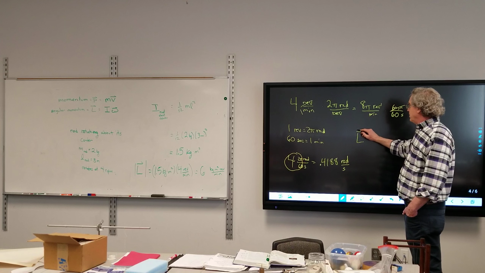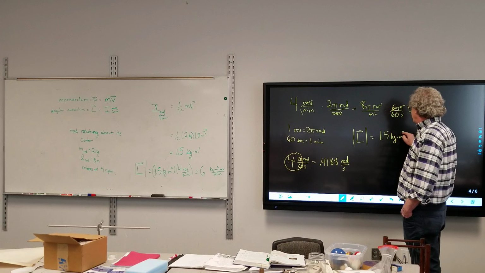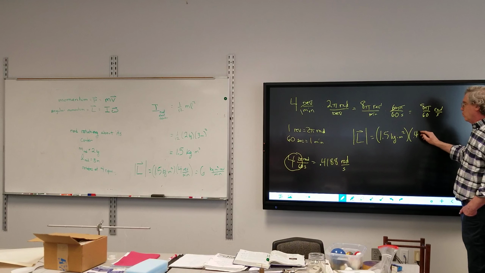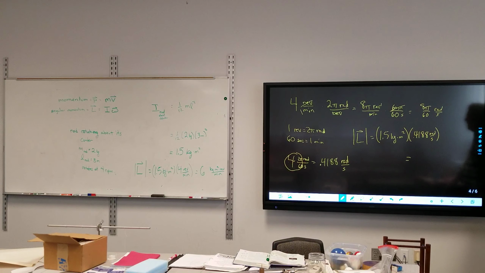So the magnitude of my angular momentum is going to be 1.5 kilogram meters squared times 0.4188 radians per second. And we end up with something magical. 0.6282. One more time, 0.6282. And then the units: kilogram meters squared radians per second.